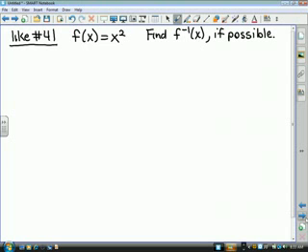Okay? So we want to find the inverse function if it's possible. So what you do first on every single problem is you figure out, is it or is it not 1-to-1?